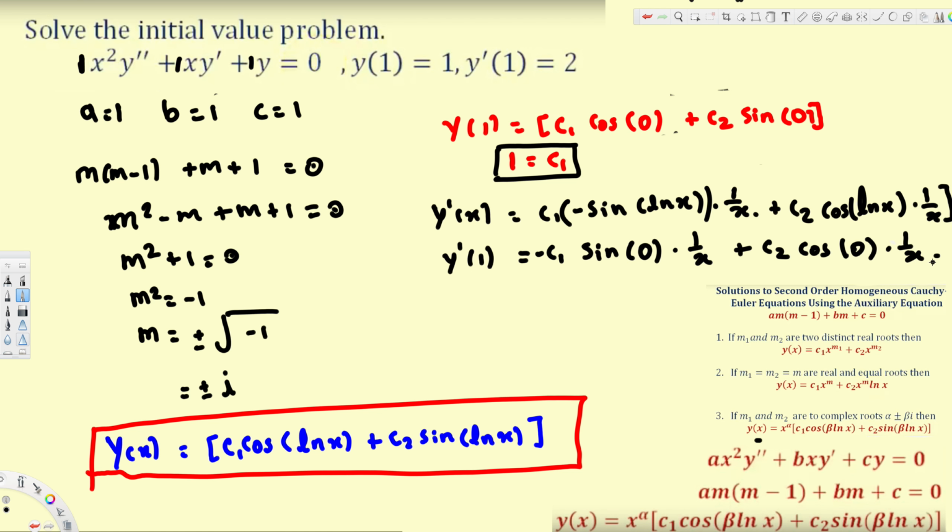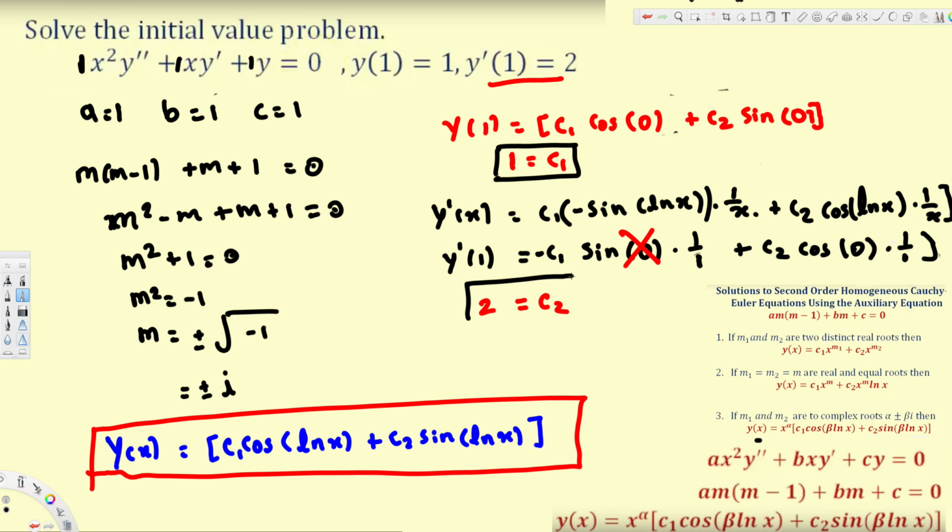For 1 over x, x is 1, so 1 over 1 is not going to change anything. Since sine 0 is 0, this whole term will be 0, so we can get rid of this, and this is going to be c2 times 1, and 1 over 1 is also 1. So c2 is equal to y prime of 1, which is given as 2, so 2 is equal to c2. This is our c2 value.